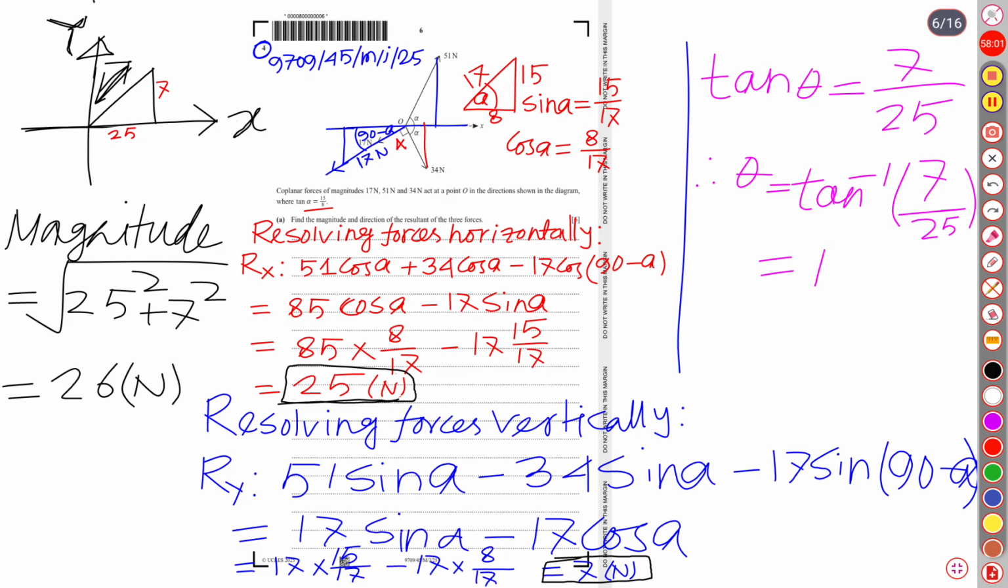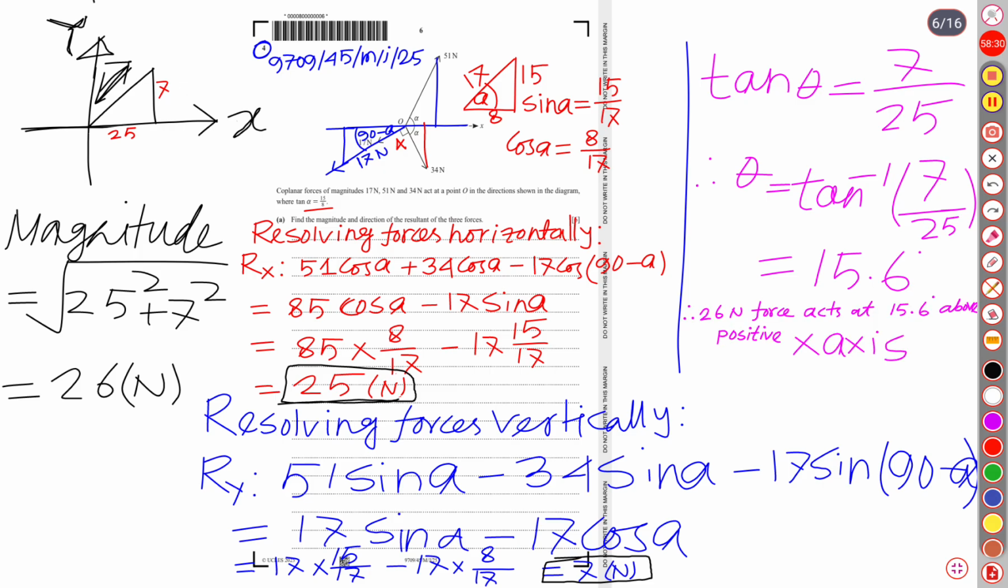And how will we write the direction? If we sum up, it can be written that a 26 Newton force is acting at 15.6 degrees above the positive x-axis. So let me write this.